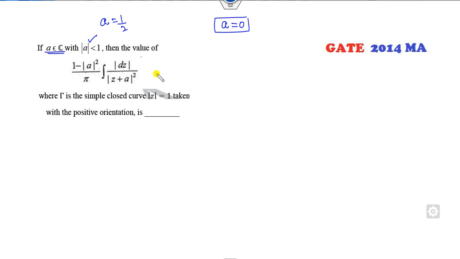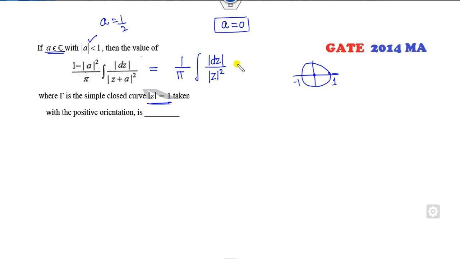It satisfies this property. So this integration becomes 1 over pi, dz over mod z square. Now if I take A as 0, that means the center is 0 and the radius is 1.